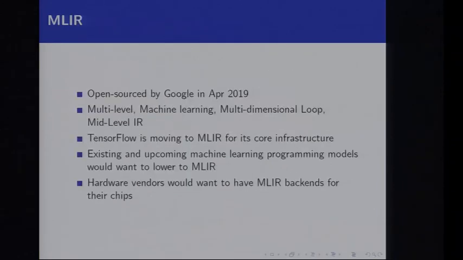It was open sourced by Google just a couple of months ago, and I happen to be one of the co-founders of this project. I spent a sabbatical at Google last year. This is an infrastructure that is well suited to take high-level machine learning computations and generate efficient target code. One of the problems with LLVM is that it does not have any first-class concepts for multidimensional arrays and loop nests, and these are the typical data structures used a lot in ML computations.